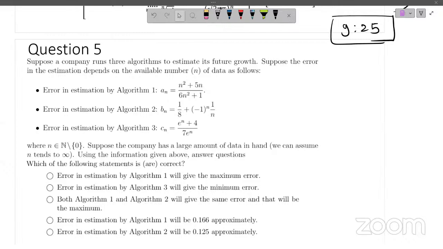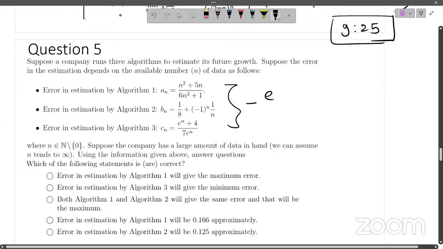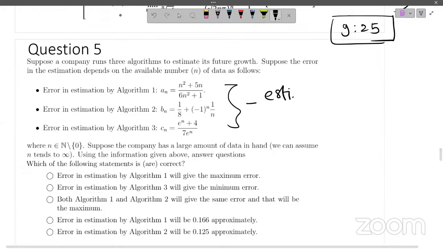So what is the question? The question says that suppose a company runs 3 algorithms to estimate its future growth. Suppose the error in the estimation depends on the variable number n of the data as follows. These three sequences give the estimation for error in the 3 algorithms.